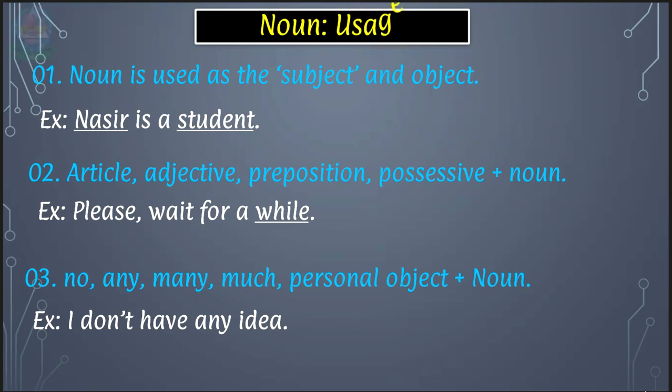Can anyone tell me, please? I don't have any idea. Which one is the noun in this sentence? Sir, idea, sir. Idea, because we find here the word any, and after any, many, no, much, and a personal object, we should use a noun.